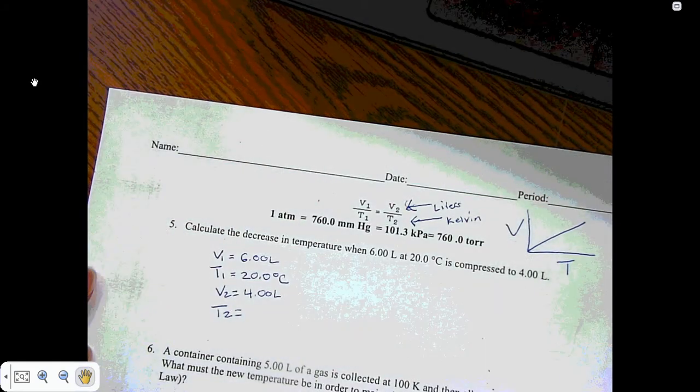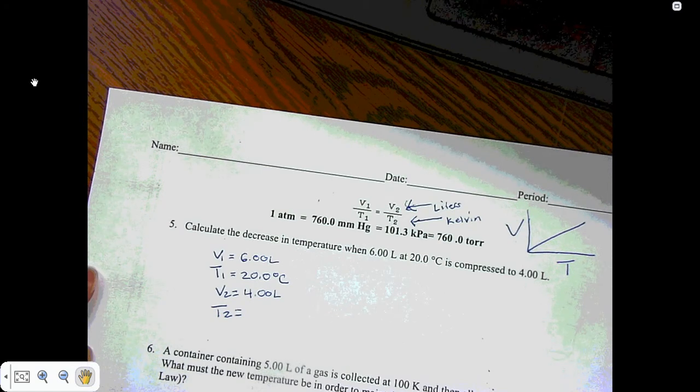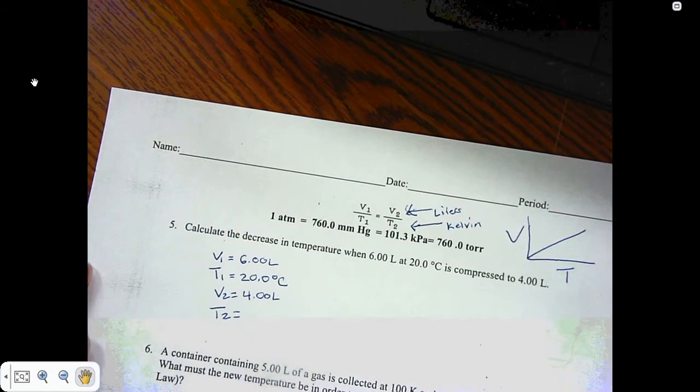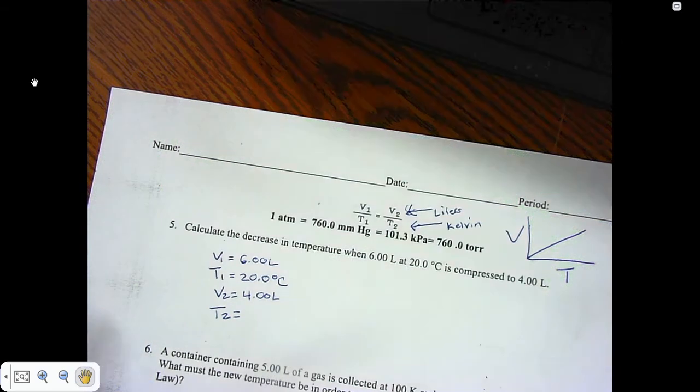Now, you'll notice that T2 is located in the denominator position, and we are going to have to solve for that. However, what I tend to recommend is to position the variables such that all of them are located in the numerator position as opposed to some being in the denominator.